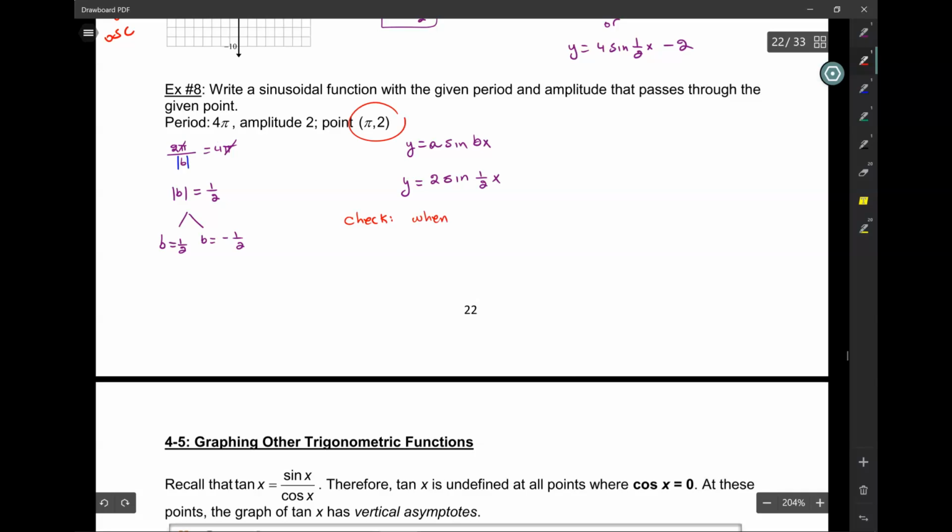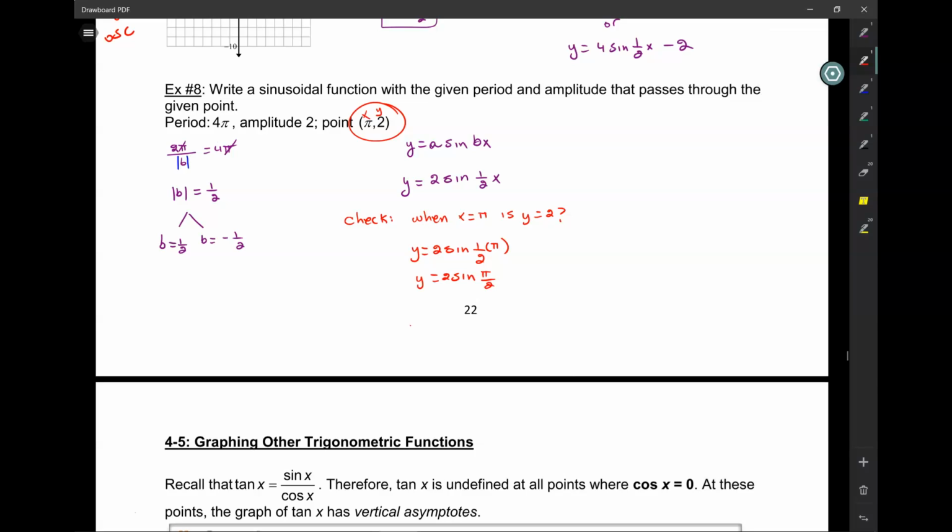Look at what point we have: pi comma 2. This is telling you when x is pi, y should be 2. So let's check. y is 2 sine 1/2 times pi. I'm just plugging it into the equation. So y is 2 sine pi over 2.